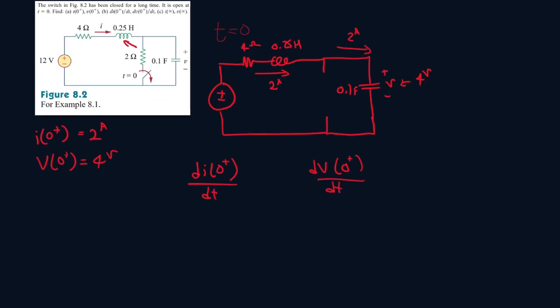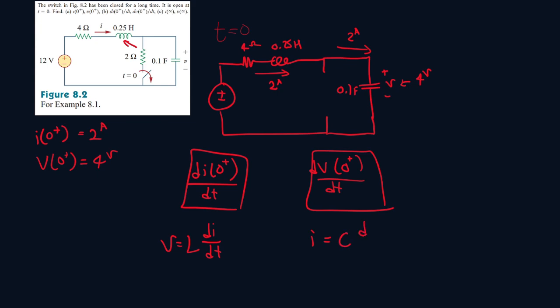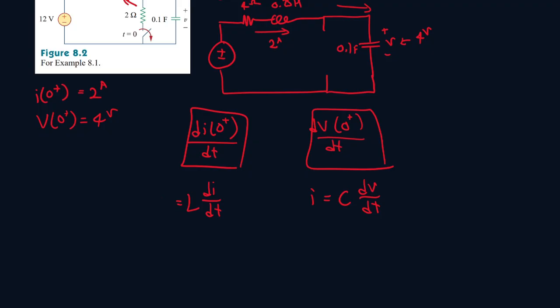Now notice that this and this, they follow the following formula. Okay, and if we rearrange them, we see these, and we see they match with the ones up here.